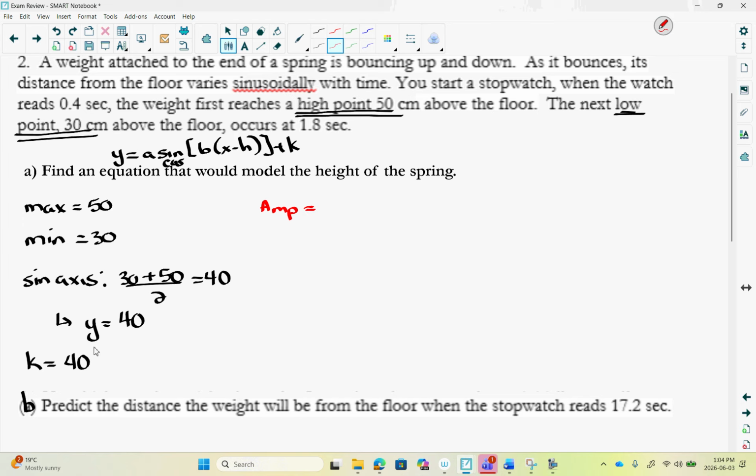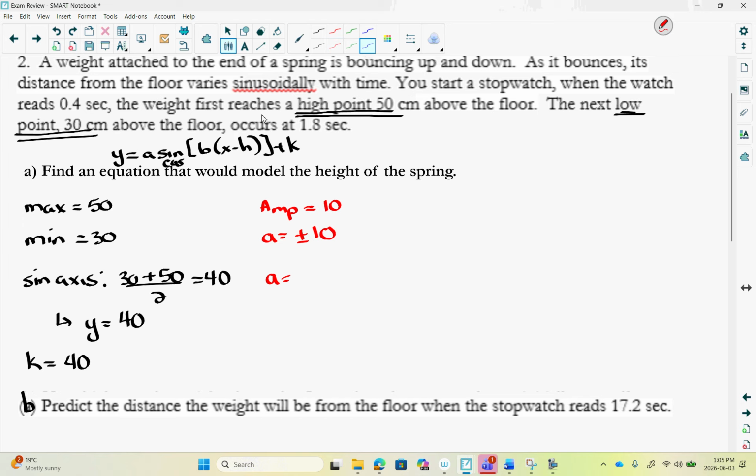That's the distance from the sinusoidal axis up to the maximum or down to the minimum. From 40 to 50 or from 40 to 30, what's the amplitude of each wave? From 40 up to 50 would be 10 units. That means that little a could be a plus or a minus 10. Now, how do I know which one it is? How do I know if it's positive 10 or negative 10?